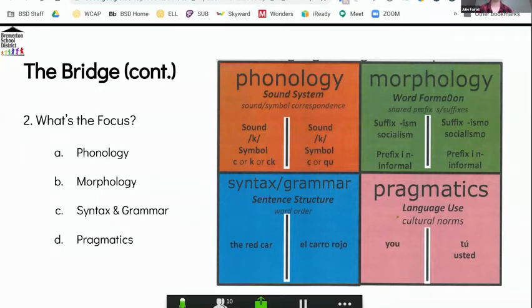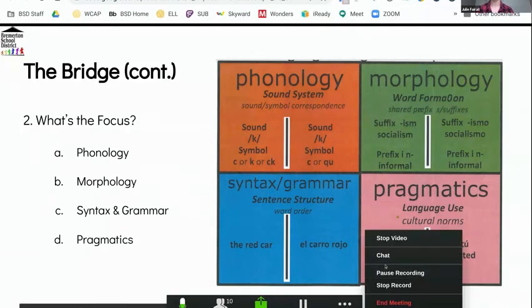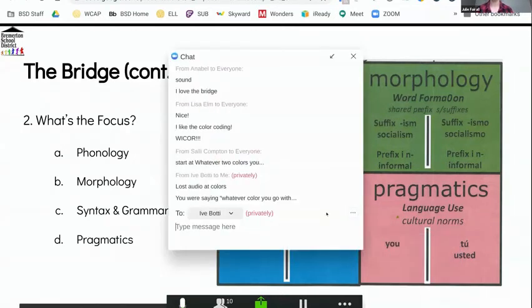There's an absolutely lovely chart on it. Okay, so there's a lovely chart on page 142 that explains the different focuses, but you would focus either on phonology. So that's where you're looking at different sound and letter correlation.